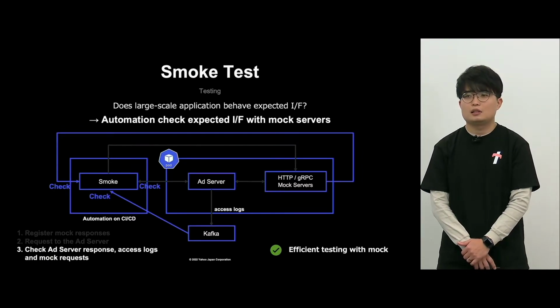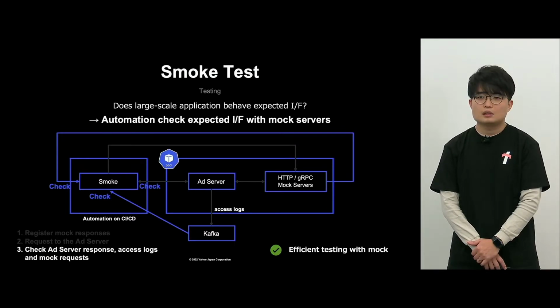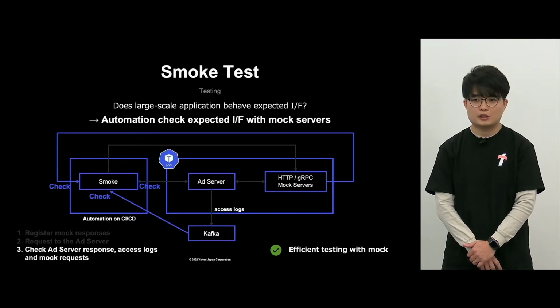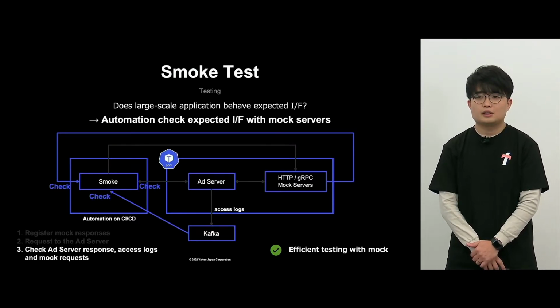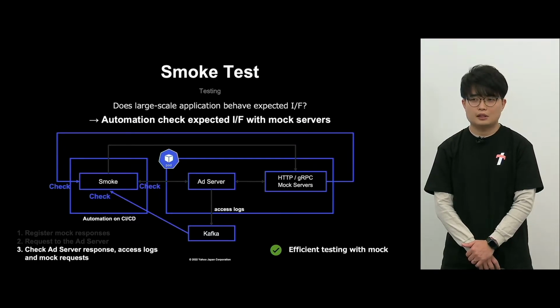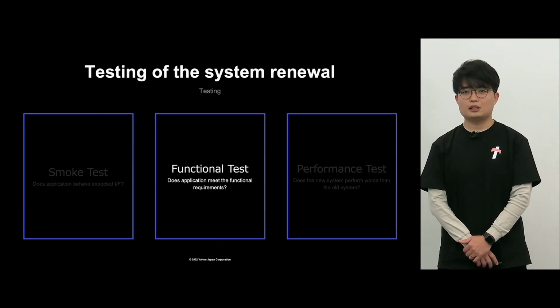If all test cases are successfully checked, the smoke test is a success. By implementing a smoke test, we can perform auto testing for overall behavior, which is difficult to cover in unit tests, and detect on CI/CD unintended changes due to feature additions and modifications.